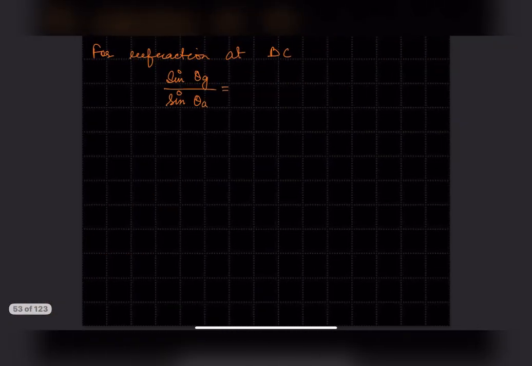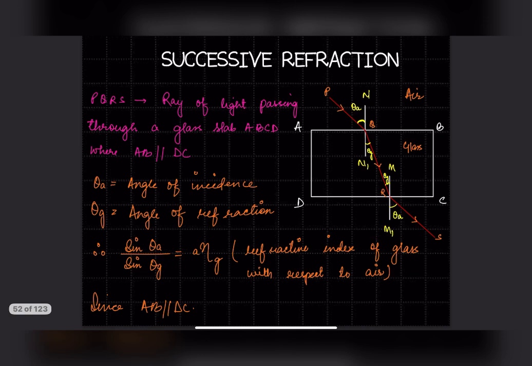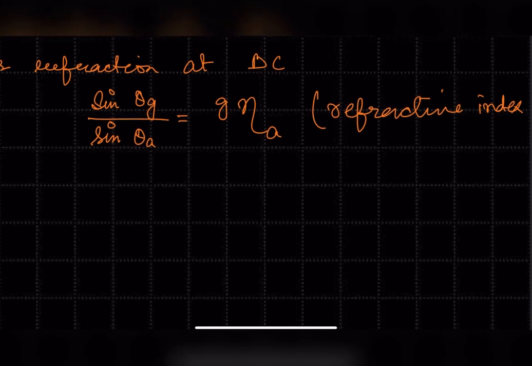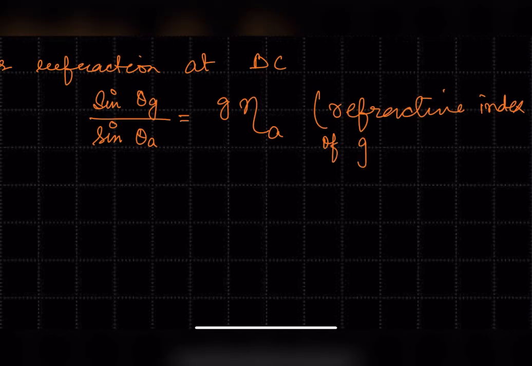Now if I need to write theta G divided by theta A, how shall I write it? G first, refractive index of glass with respect to air. So I can write refractive index of glass, refractive index of glass with respect to air.